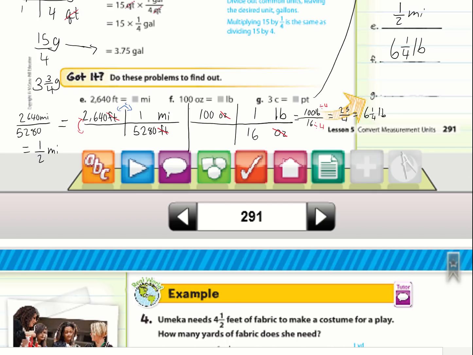So now I have 100 pounds over 16. I need to reduce. The greatest common factor of 100 and 16 is going to be 4. So I divide 100 by 4 and 16 by 4, and I reduce to get 25 over 4. And as a mixed number, that's going to be 6 1/4 pounds.